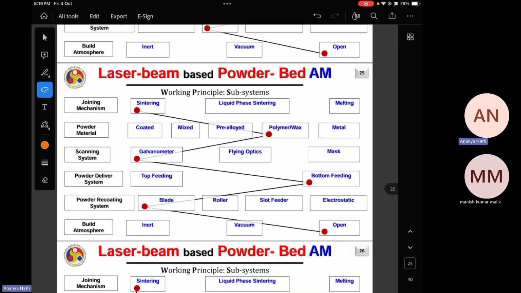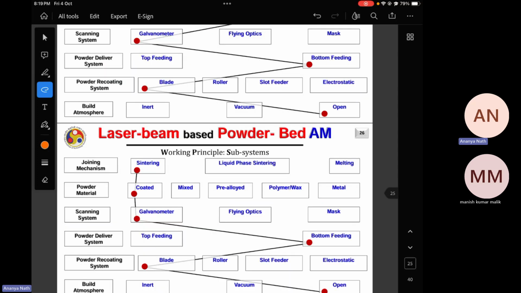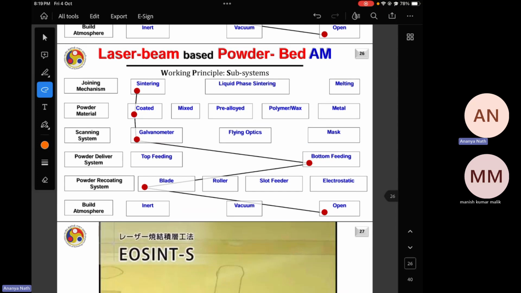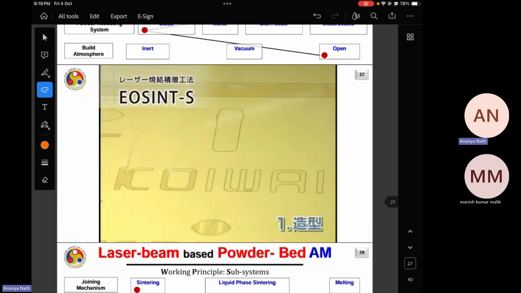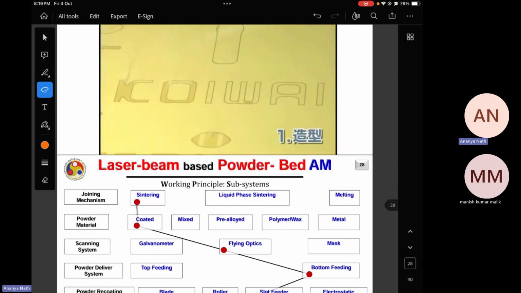There can be another powder bed where polymer will be used for sintering, galvo scanner with bottom feeding, but the blade is used with the slot cutter and open atmosphere. Then there can be sintering of the coated material with the help of galvo scanner, bottom feeding, blade, and open atmosphere. So this was one video.